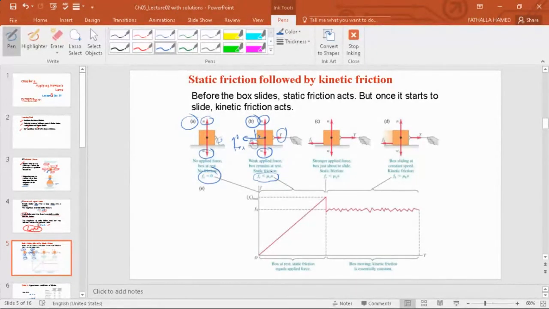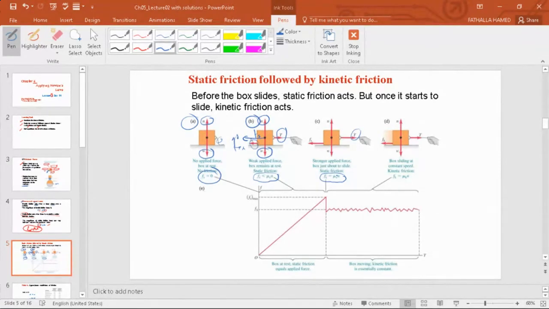Now, let's take a case when the tension here is just enough to make the block break loose and start moving. In that case, you're reaching the maximum static friction, which is equal to µs times the normal force.